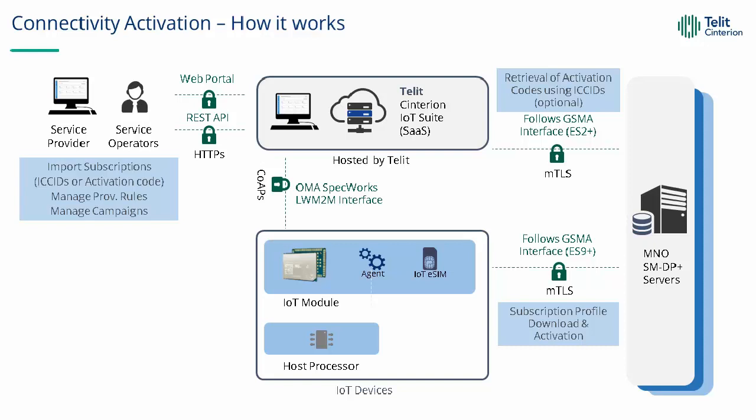You just need to send a few AT commands to turn on this agent and trigger the connection to the Telit Cinterion IoT Suite platform, and then grab the activation code, which has the address of the SM-DP+ server from your mobile network operator partner.